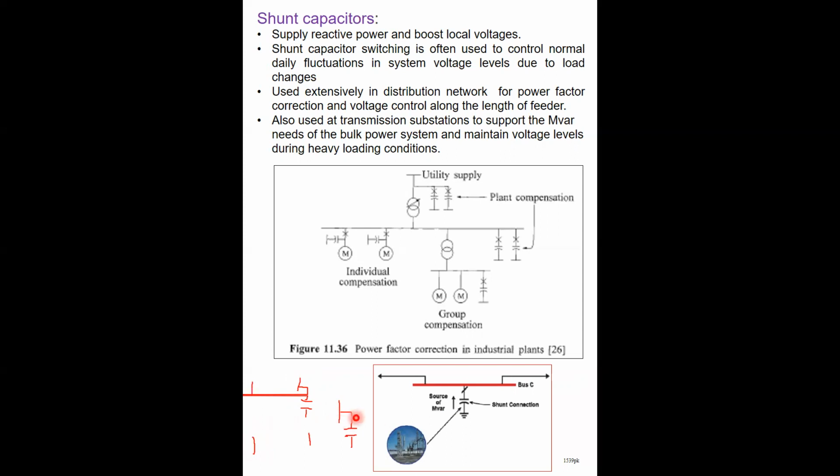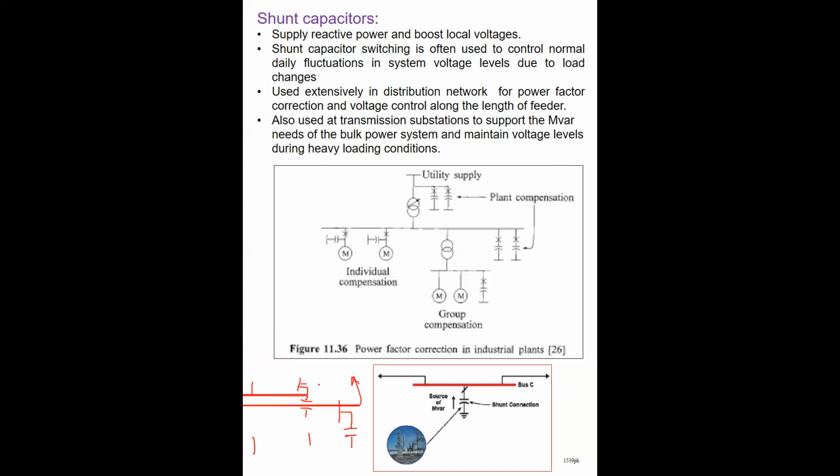So mainly you connect the shunt capacitors at the load buses because it is the load which is variable. You may have light load condition, you may have heavy load condition, right? If you have a light load condition, you may have the voltage increase. If you have heavy load condition, then you may have voltage decrease, because your load is variable.